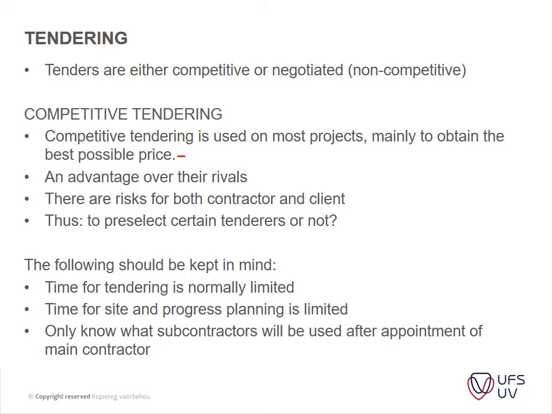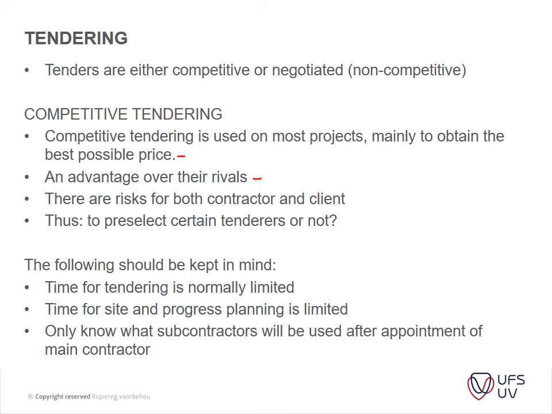That's usually in the private sector. Government projects are almost exclusively competitive tendering and open tenders as well. Then it has an advantage over its rivals.